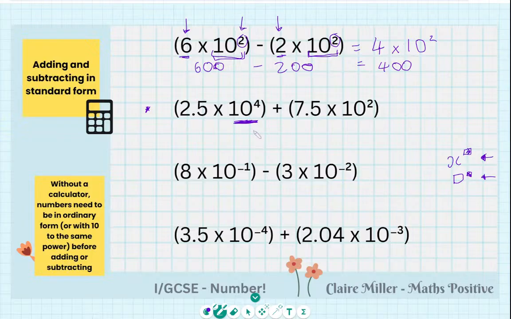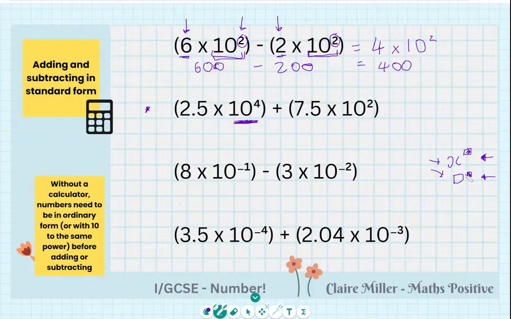So I'm going to type in 2.5 times, then I'm going to type 10, then I'm going to press my power key, whichever one I'm using, and then I'm going to put 4 as the power.